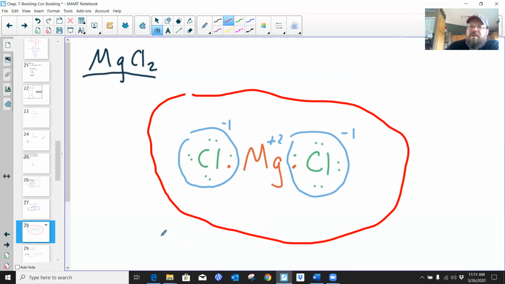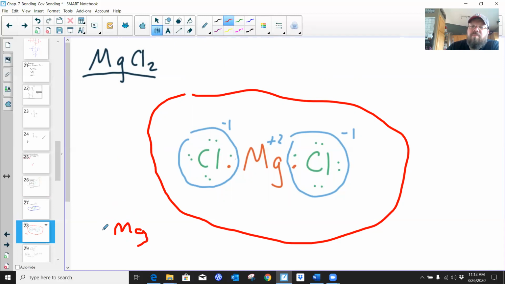Now, one thing I want you to notice: why do I have the magnesium written like this, and why don't I have the chloride here and maybe here? It goes back to when I taught you where we place the individual electrons around the Lewis dot diagram for an individual atom.